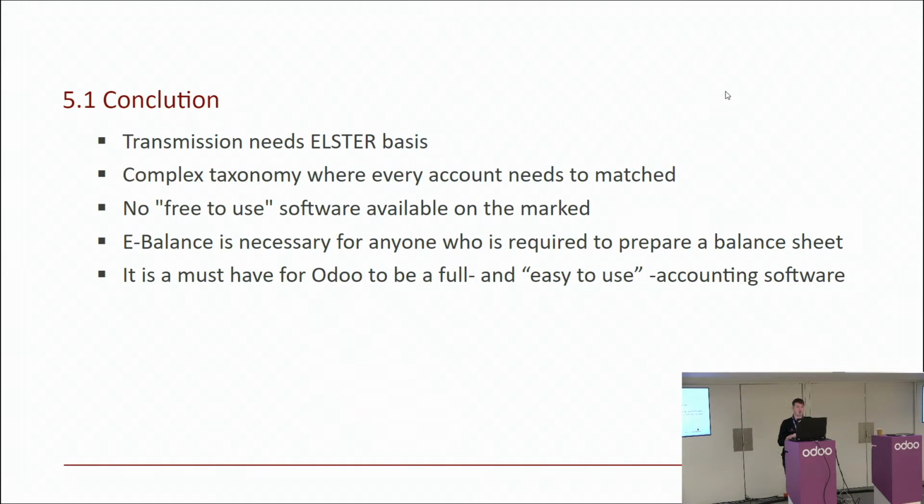So you only have paid software, and you have to go through a complex manual process to achieve your requirements here. So E-Bilanz is necessary for anyone, and it's a must-have for Odoo, in my opinion, to be a full and easy-to-use accounting software.